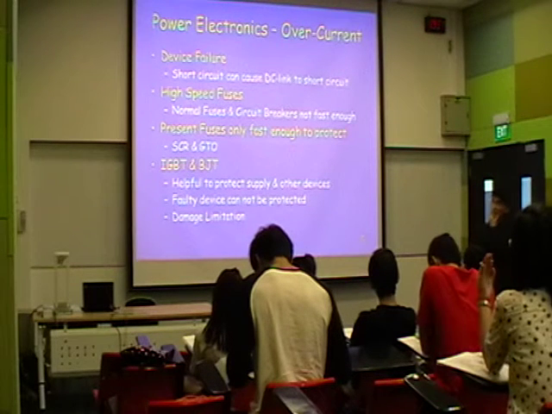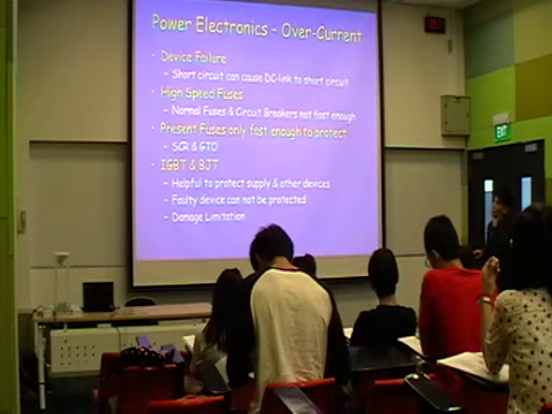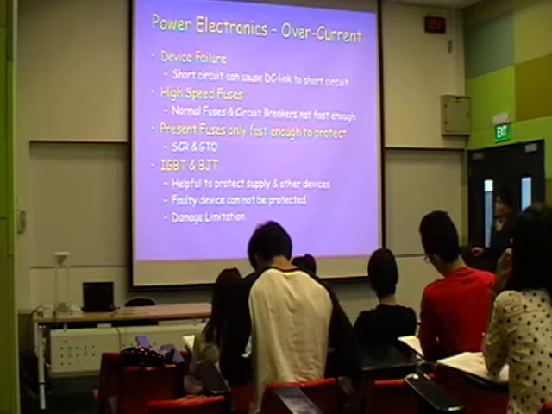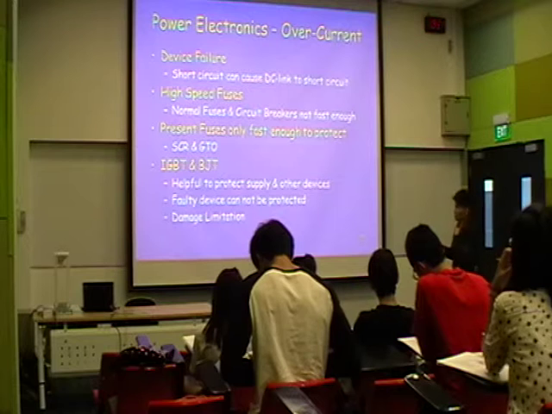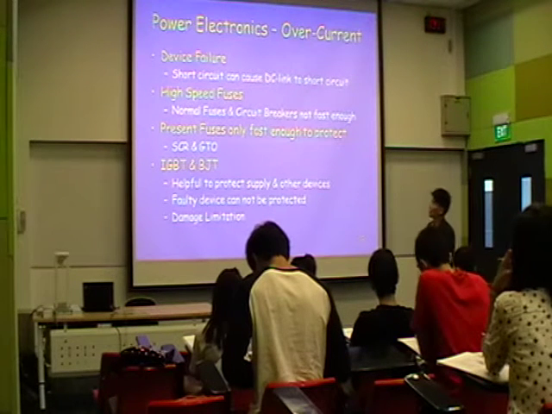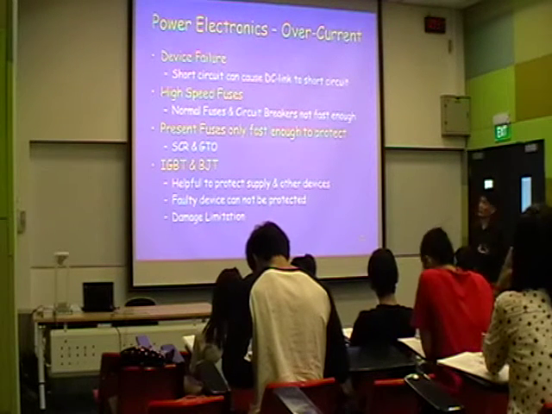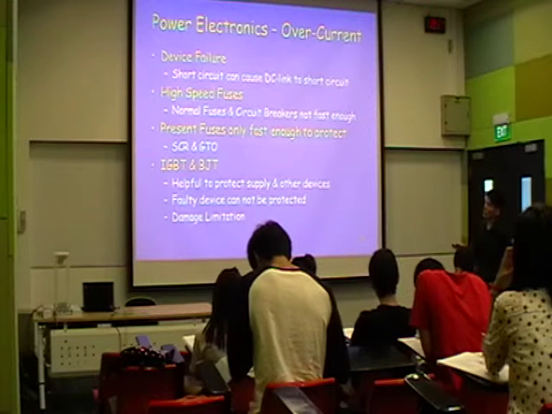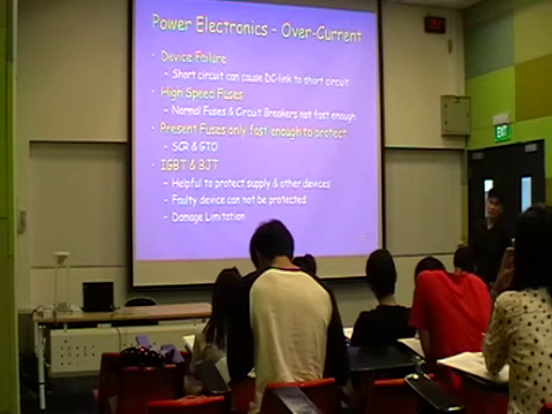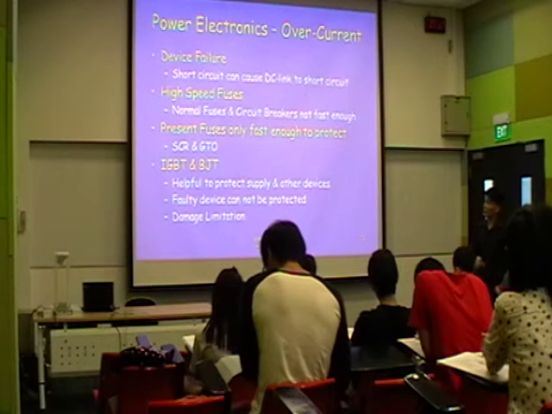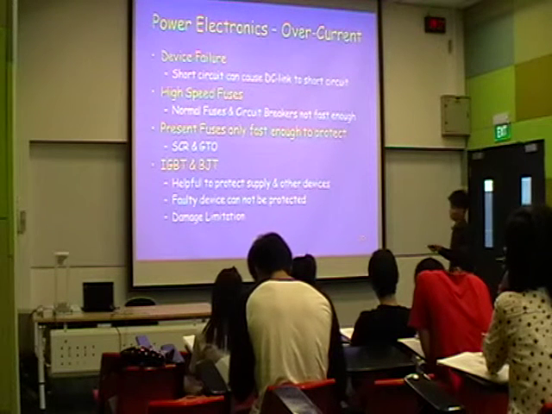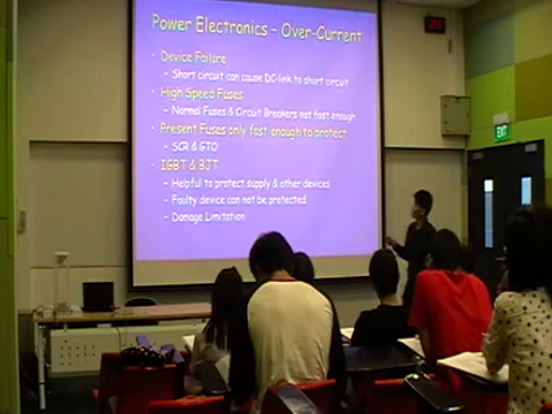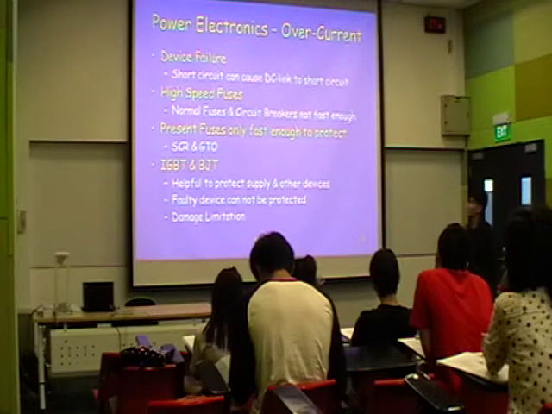So that's why we use thermal design to reduce the temperature, because some of the devices will fail. It's not really because of the heat, but sometimes there's a short circuit, or a wire gets exposed and so on. These are some of the overcurrent effects.